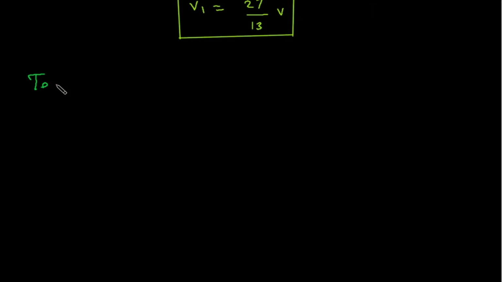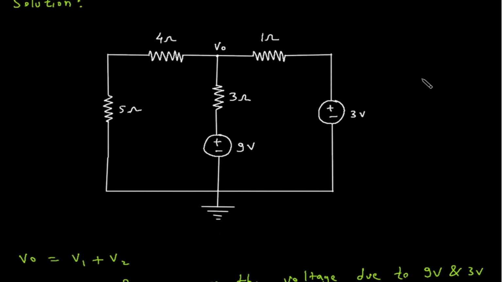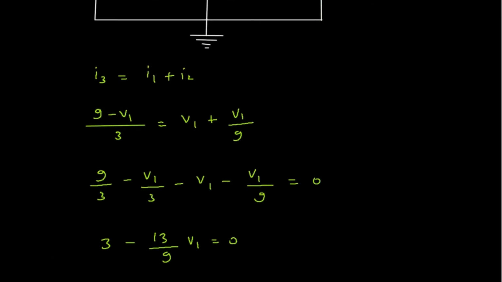So to find V2, this time we will turn off this 9 volt and consider 3 volt.